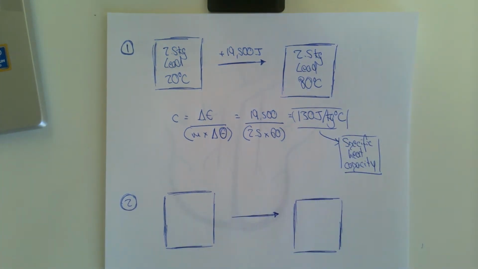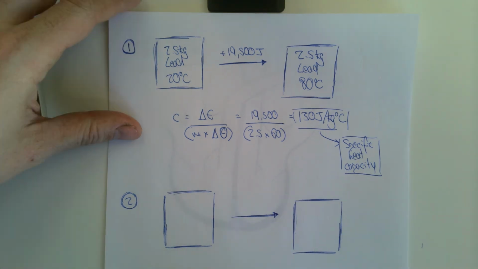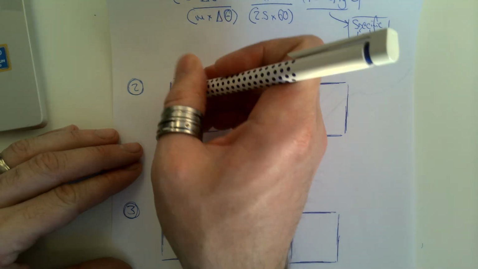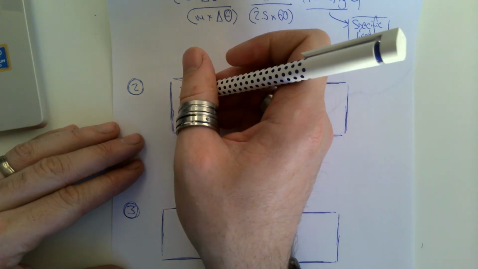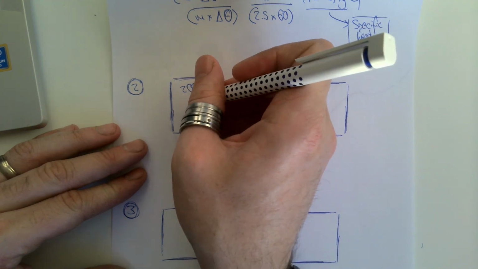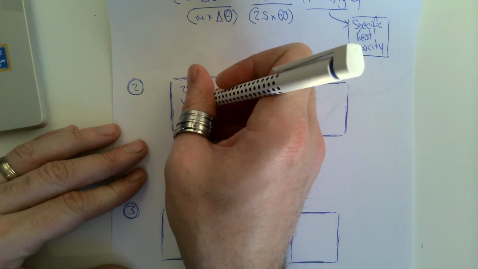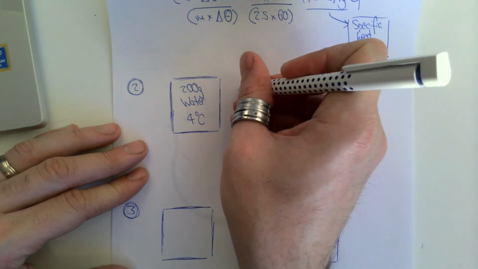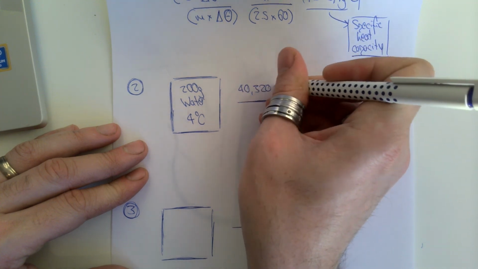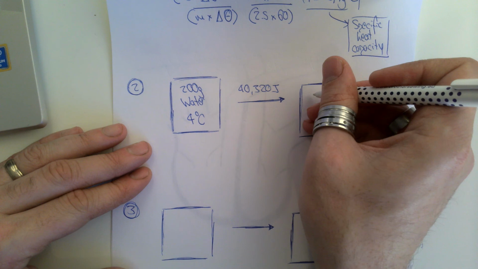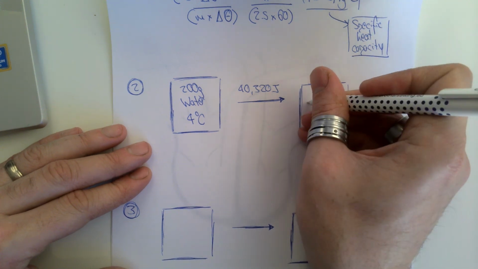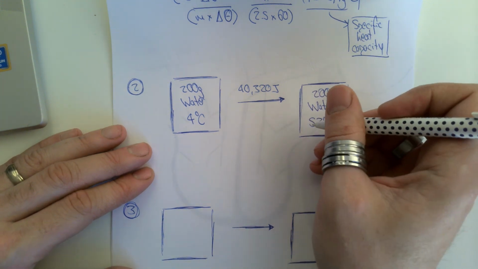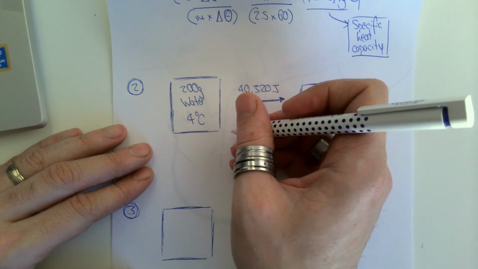Brilliant. Now, we've got one example, so let's have a look at another example using that same principle. If we have 200 grams of water at 4 degrees Celsius, and we apply 40,320 joules of energy, and that 200 grams of water is heated to 52 degrees Celsius, what would our specific heat capacity of water be?